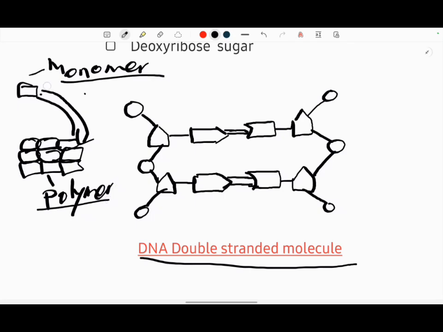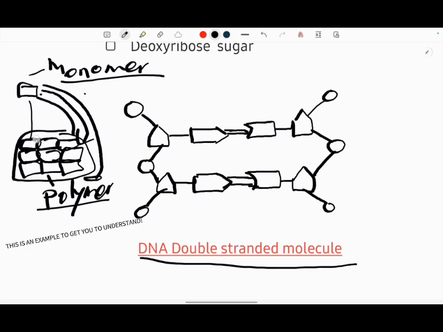So the monomer is the building blocks and the polymer is the structure itself, meaning that this individual block that you see here makes up this wall of bricks. Because remember, one brick makes up this whole. Am I making sense? I really hope that you guys really understand what I'm trying to say. Okay, yeah, in DNA, right?